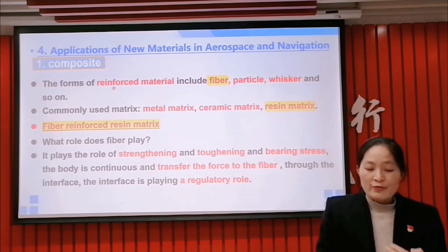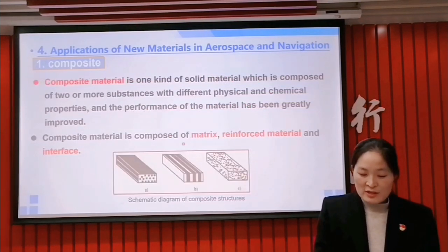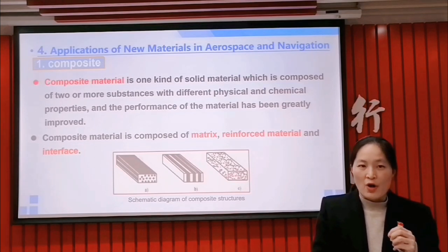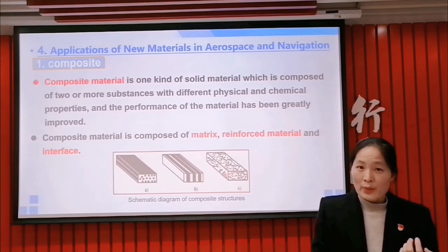The forms of reinforced material include fiber, particle, whisker, and so on. You can see from the structure, in A and B, they are long fibers, and in C, it's particles or short fibers or whiskers.